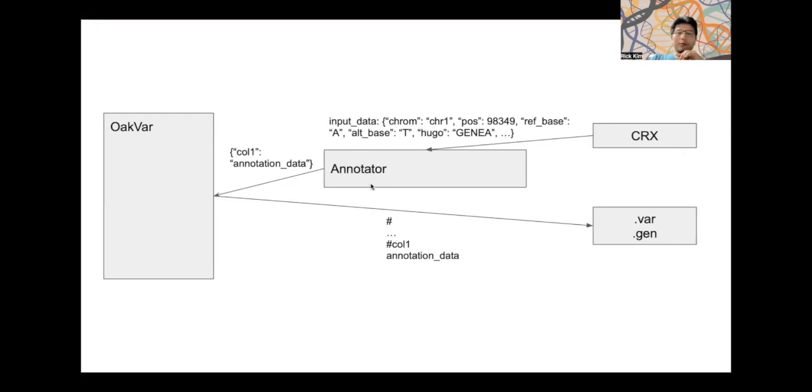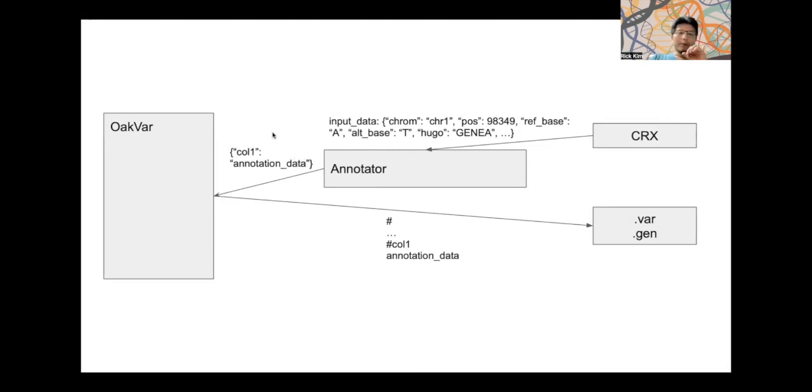And then the annotator module will return its annotation output as another dictionary. In this case, this annotator has only one annotation column called column A. And that column A value for this specific variant is annotation_data.